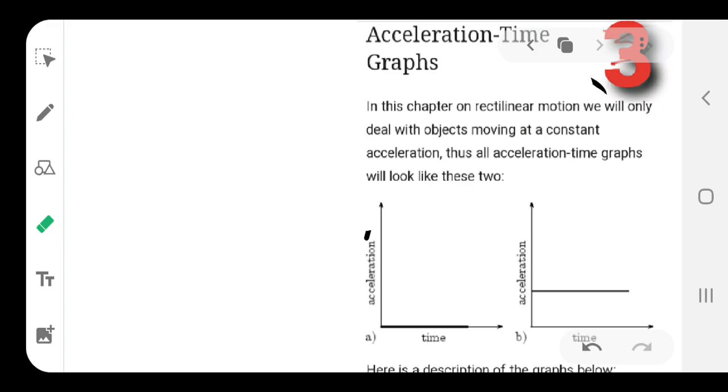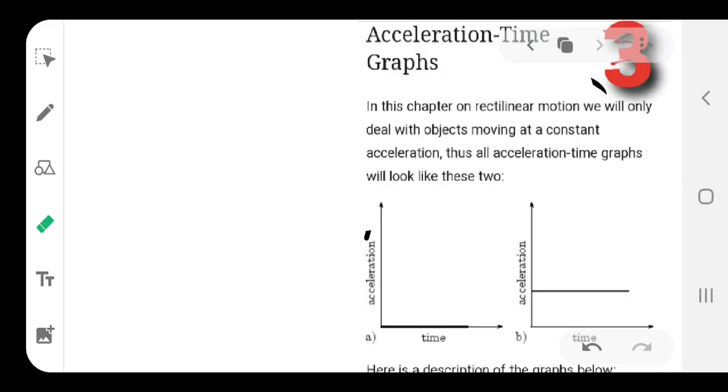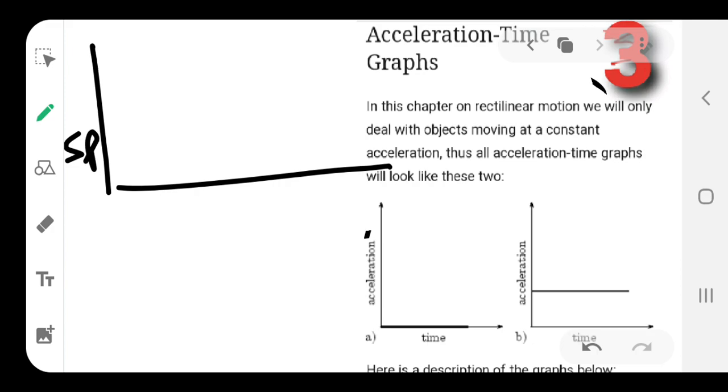Now, after these graphs, generally we have the topic which is referred to as speed-time graphs. Sometimes you will also find a graph like this, where there is a speed axis, a time axis, and the origin. You will find something like that.